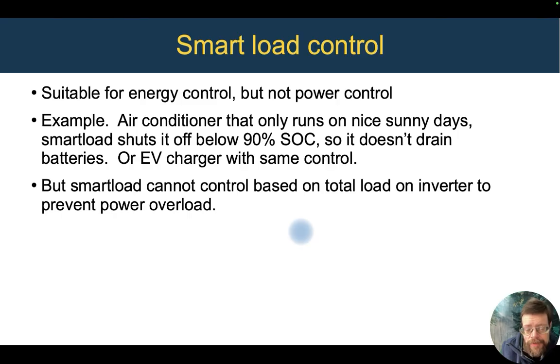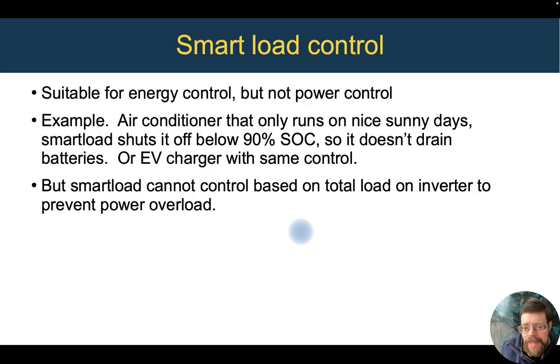Or I've seen ones where we do an EV charger with the same sort of control. Turn it on when the batteries are full and we have extra sun, but don't let it pull the batteries down. But the smart loads can't control based on power. So if we've got too many amps of loads connected to that inverter, the smart loads aren't really helping with that.